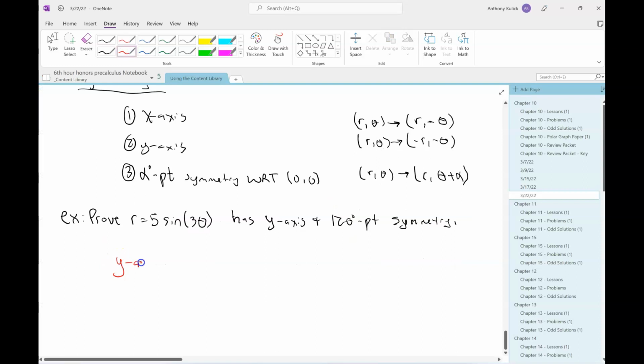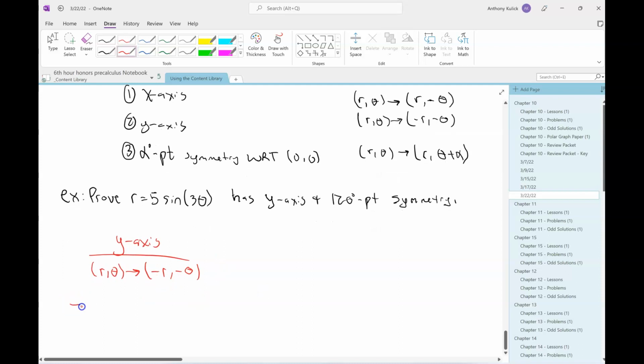So I'm going to do these in 2 separate columns here. For the y-axis, we're taking r theta and replacing it with negative r negative theta. So I've just taken my original function from the problem, and where there's an r, I put a negative r, and where there's a theta, I put negative theta.